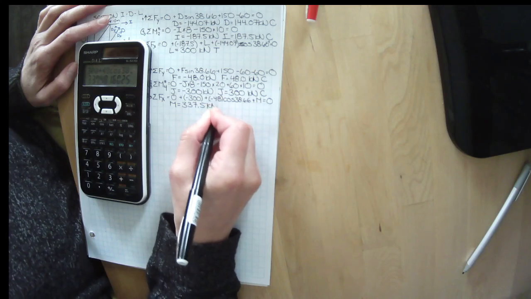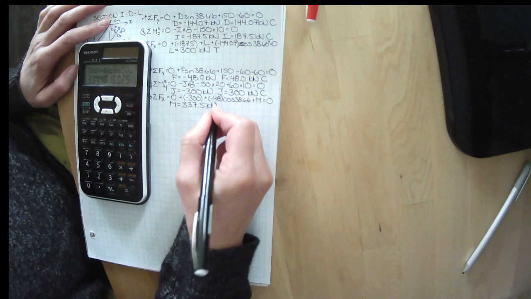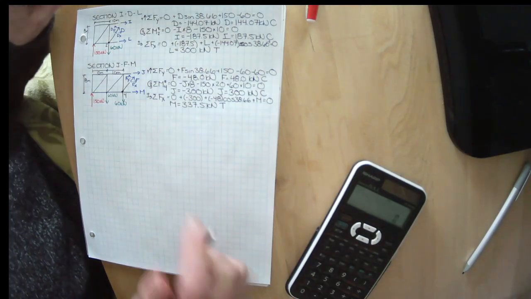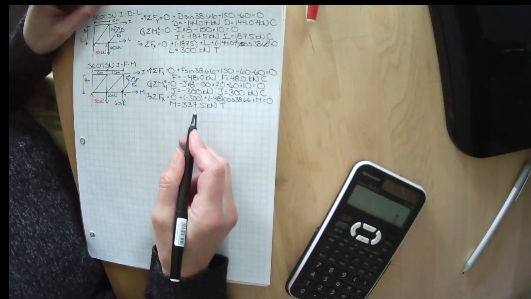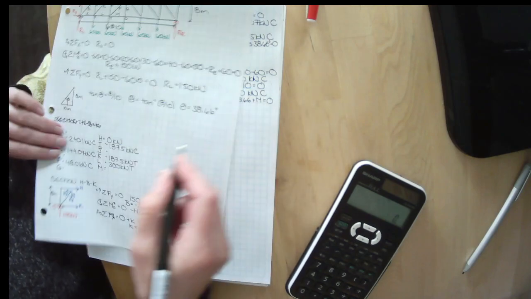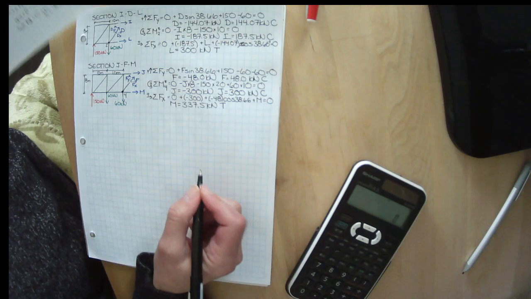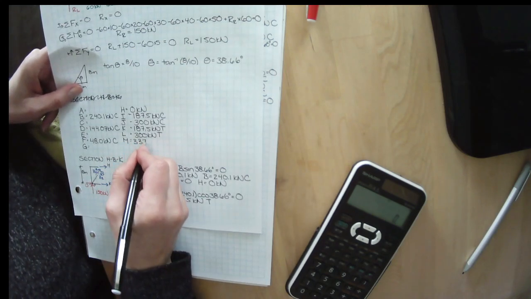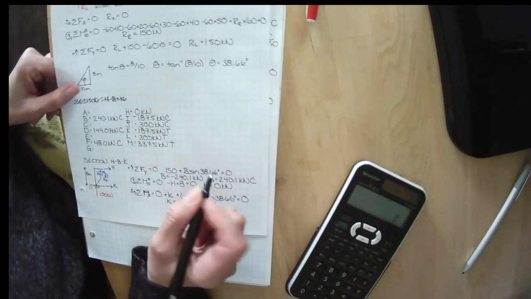337.5 kilonewtons. It's a positive number, which means I assumed correctly, and I always assume tension, so that means it is 337.5 in tension. So we solved for J, which was 300 kilonewtons in compression, and we solved for M, which is 337.5 kilonewtons in tension.